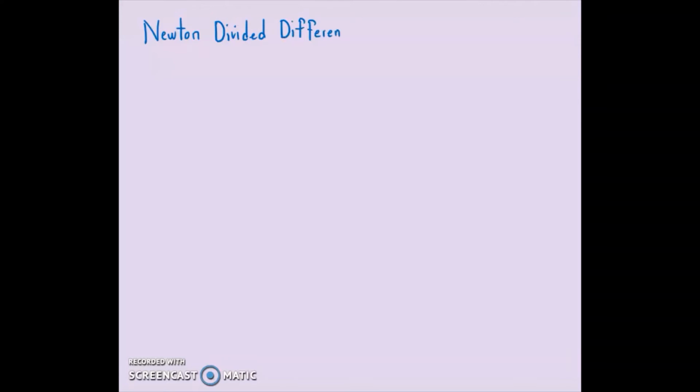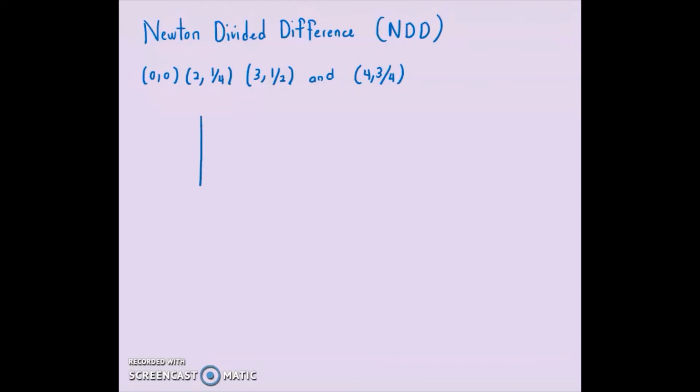I've shown you this for the simple set of data where you have 0, 0, 2, a quarter, 3, half, and 4, 3 over 4. So Vandermonde and Lagrange polynomial give you the same polynomial function. We can also see that using the Newton divided difference, NDD approach also gives the same polynomial.